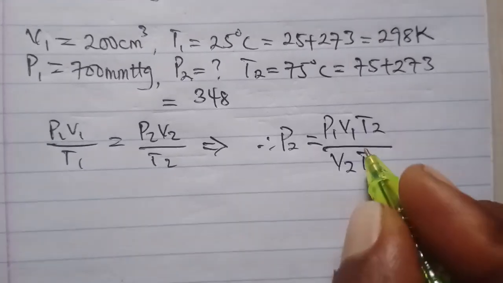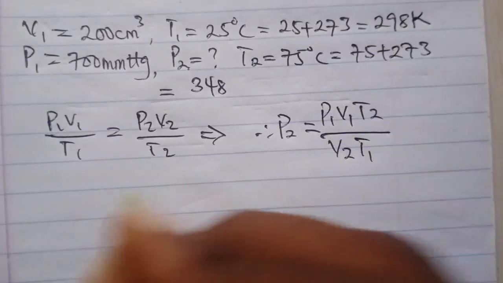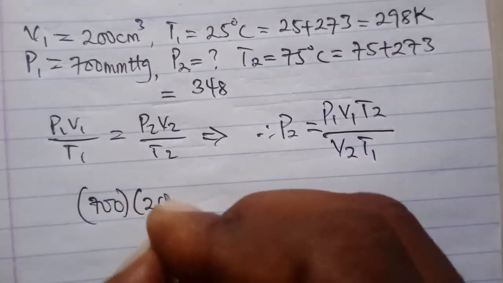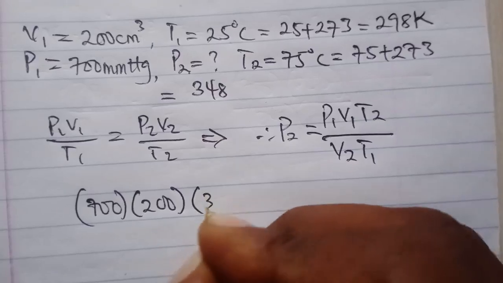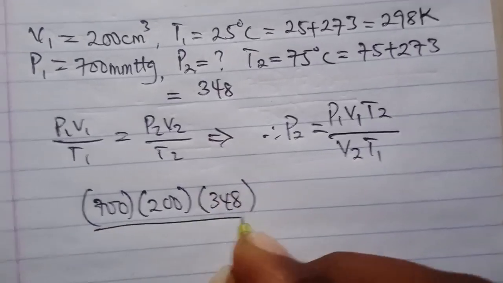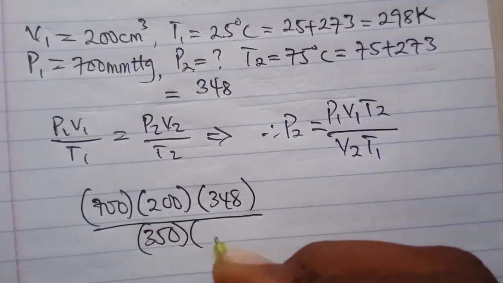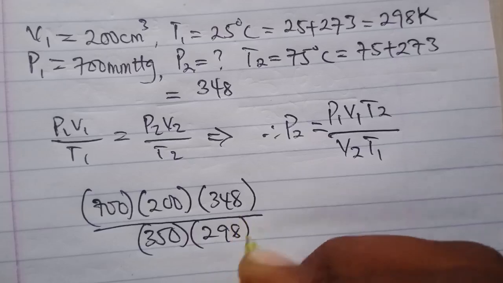So if we plug in the values, we have 700 multiplied by 200 multiplied by 348, divided by 350 multiplied by 298 Kelvin.